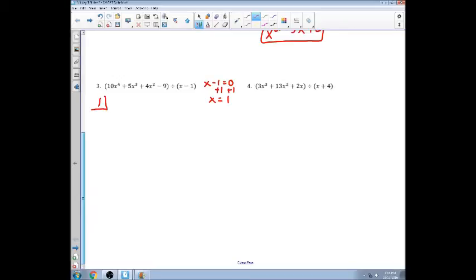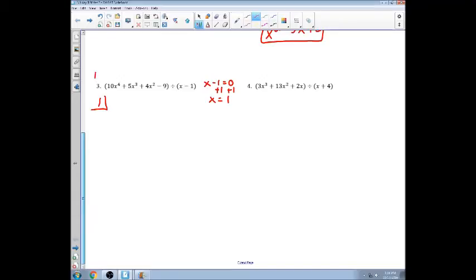Now I need to check my degrees. I have the 4th degree, the 3rd degree, the 2nd degree. What is missing here? What is missing here is the 1st degree. I don't have just an x there. And like I said before, I need everything from the largest degree down to the 0 degree.